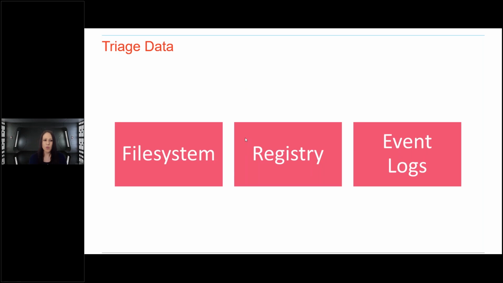The main three that we're going to be dealing with today, the first is the file system. We're talking about files that have been created on the system, files that have been deleted on the system. This is what we call the MFT in forensics, the master file table. That's going to give us our modified, access, created, born dates. It can even give us visibility into things like a zone identifier if something was downloaded from the internet.